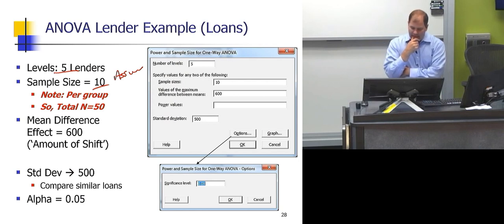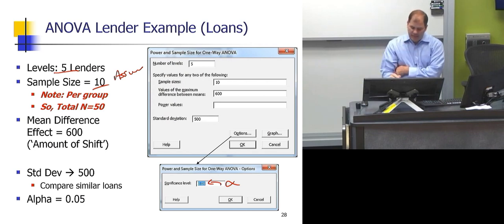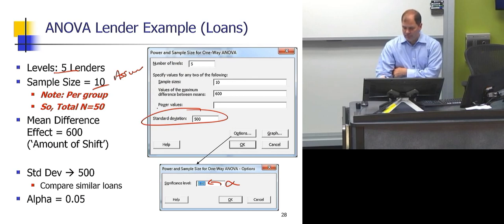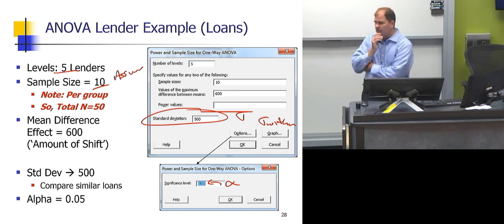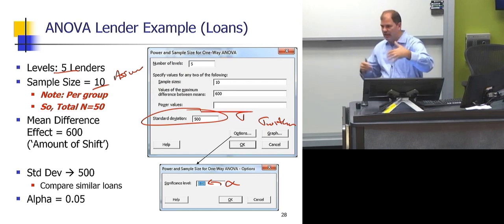Then someone has to say, what is your alpha? That's your 0.05. Someone has to say, what is your assumed standard deviation? This is your sigma within. Let's say based on historical data, if I gave similar loans to the same person, I have a standard deviation of 500.